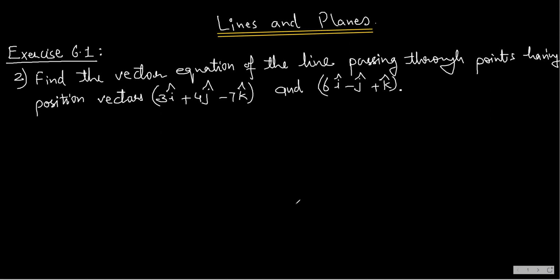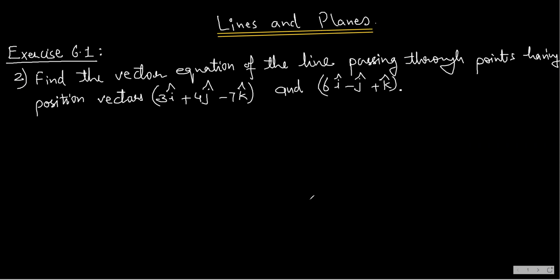In the last lecture, we solved problems on finding the equation of a line when we were given one point on the line and a vector parallel to the line. Now in this lecture, we will see how to find the equation of a line when we are given 2 points on the line.